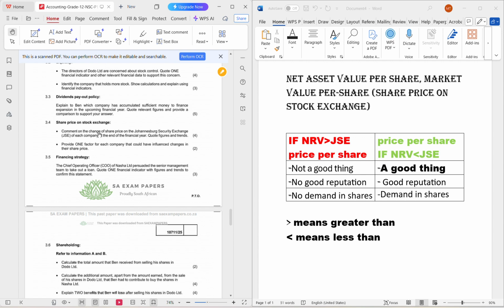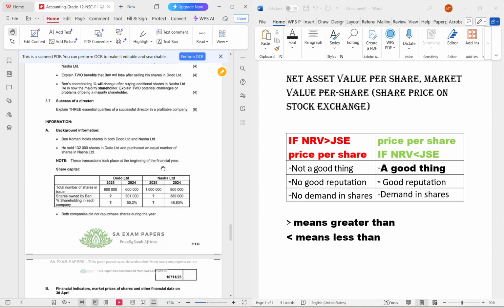It says comment on the change of share price on the Johannesburg Stock Exchange, the JSE, of each company at the end of the financial year. Quote figures and trends. Then provide one factor for each company that could have influenced changes in their share price. These are the reasons why we have changes in share price.